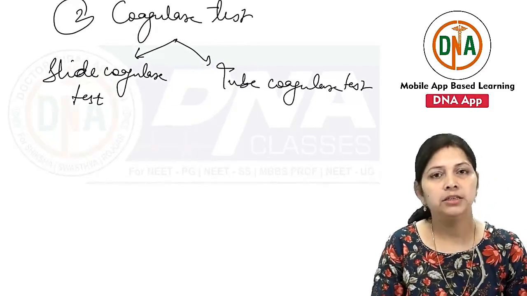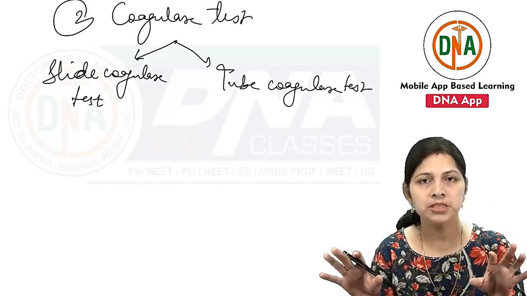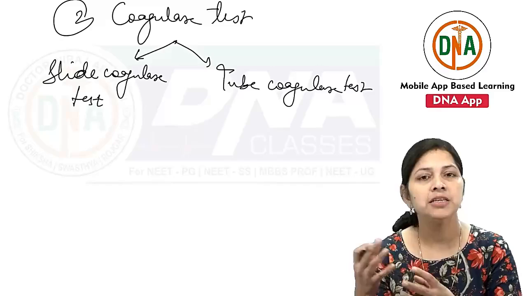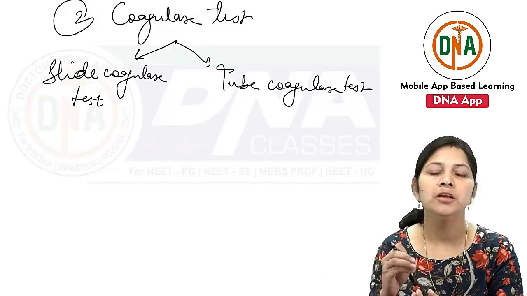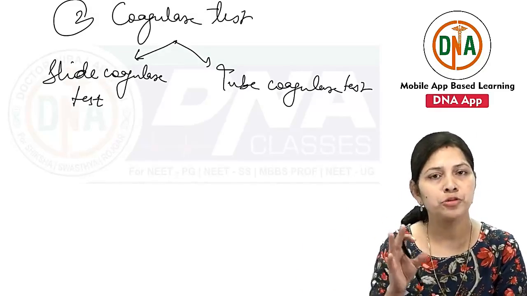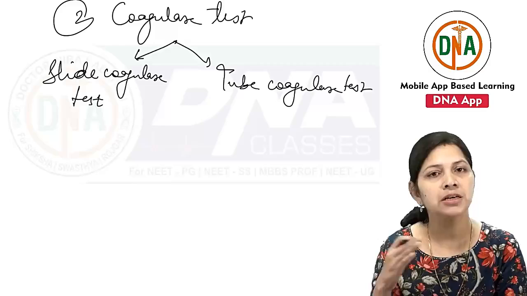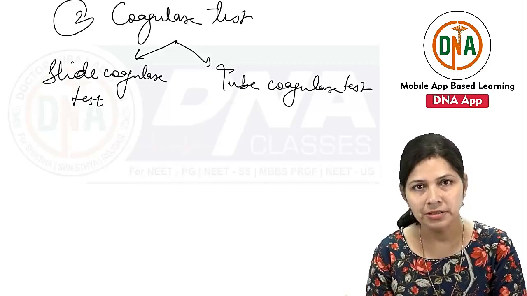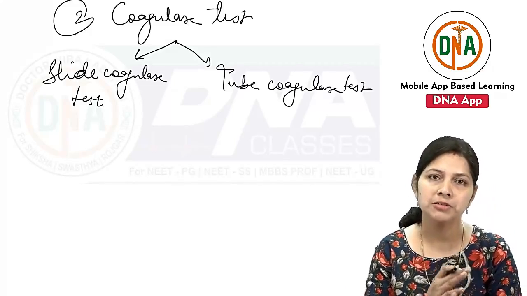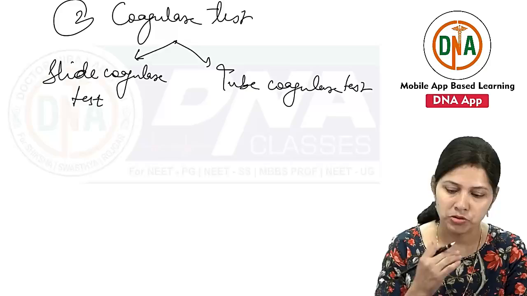These two are totally different tests. Slide is very easy to do: we immediately emulsify the colony in saline, and if we add a few drops of plasma, we will see clumping. If it comes negative with the slide, we have to confirm it with a tube coagulase test, which takes a few hours to become positive.